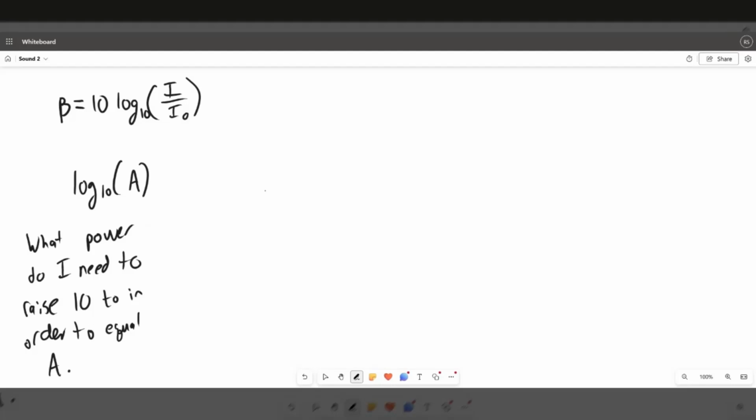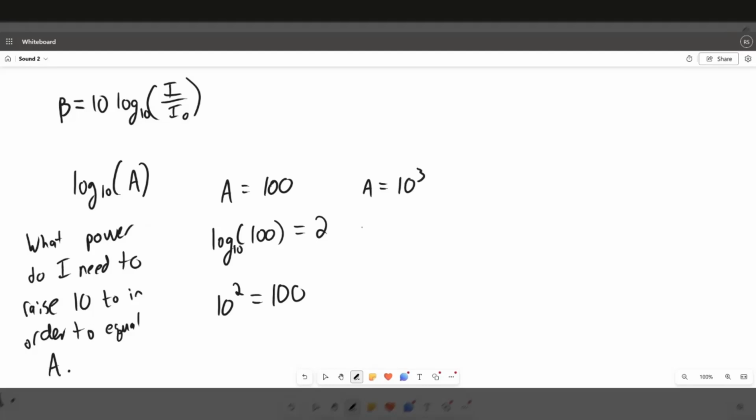So for example, if A were to equal 100, log base 10 of 100 would equal 2. And that's because if I raise 10 to the second power, I get 100. And it's even easier to see if I make A equal to 1,000 or 10 to the 3: log base 10 of 10 to the 3 is just going to equal the exponent of 10, which is 3.